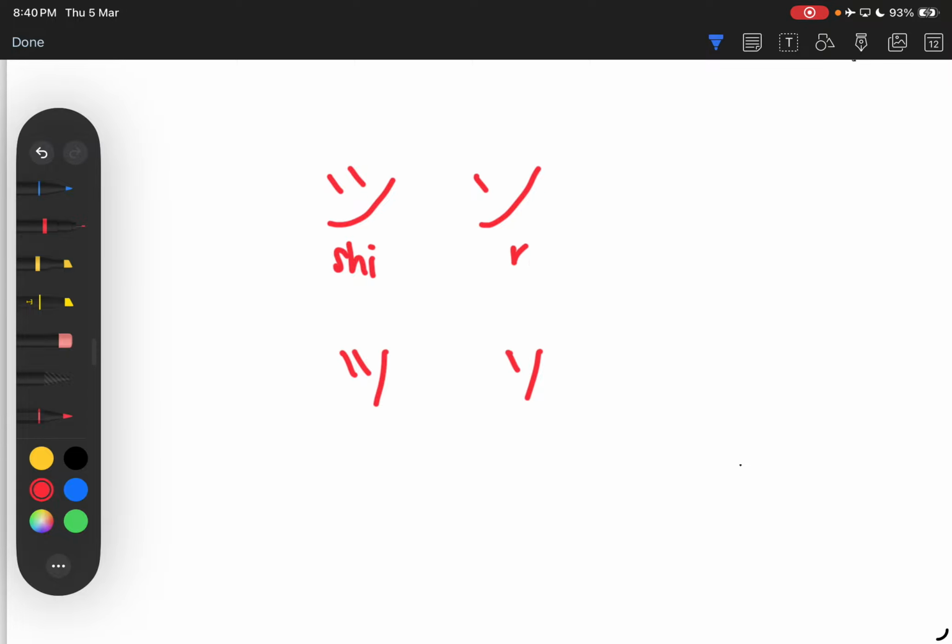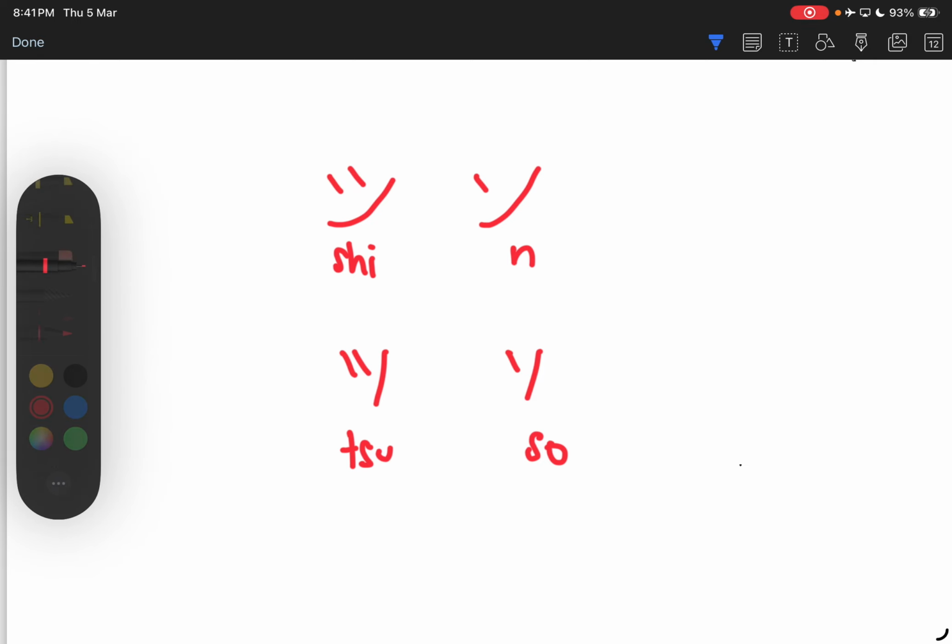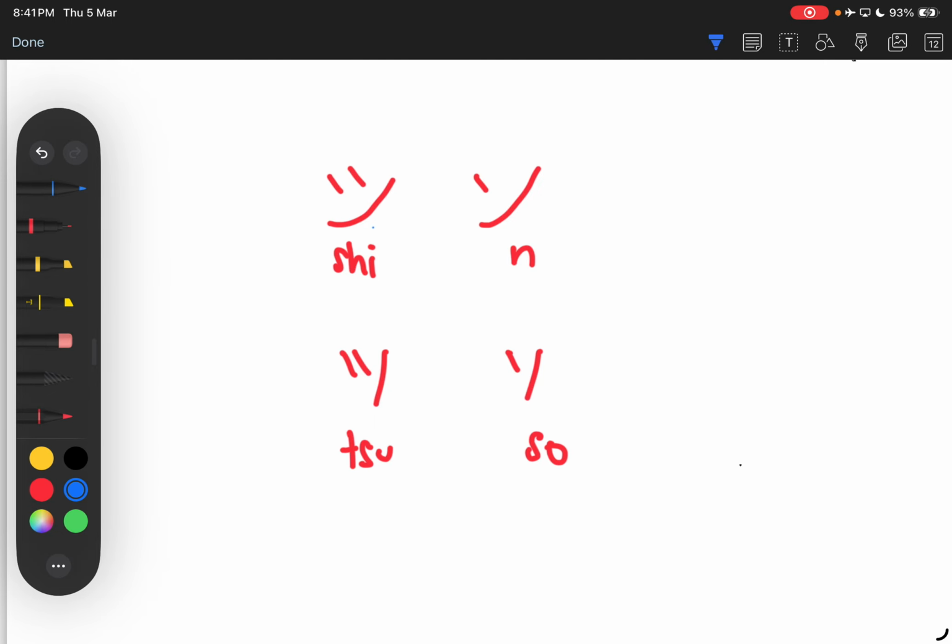This is N, n, right? And then this is TSU, tsu, and this is SO, so. So what is the main difference between all these is, this one is going up, this one is going up, this one is coming down, this one is coming down. The last stroke, whether it goes up or comes down, right?